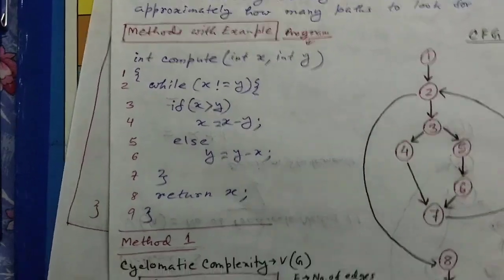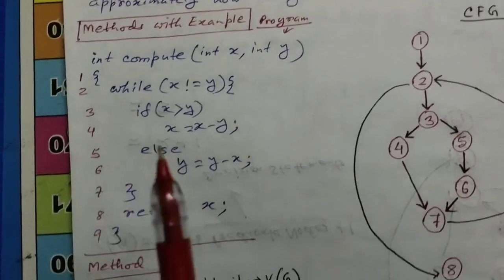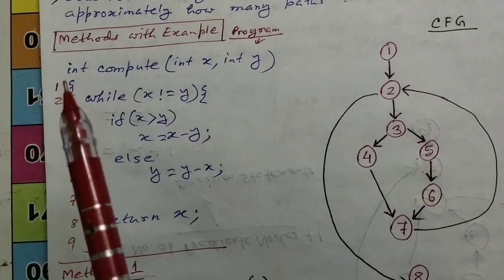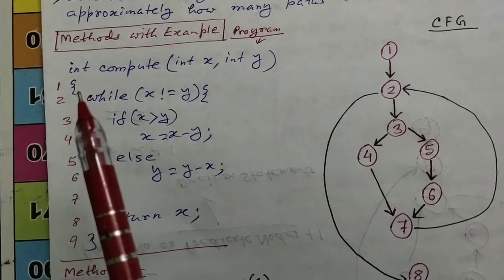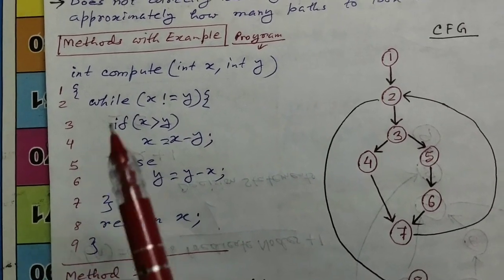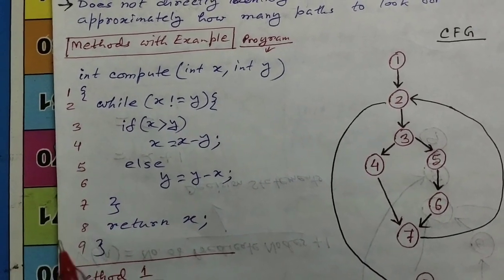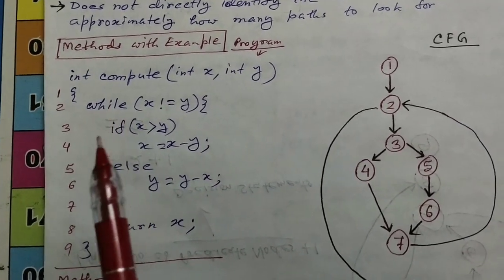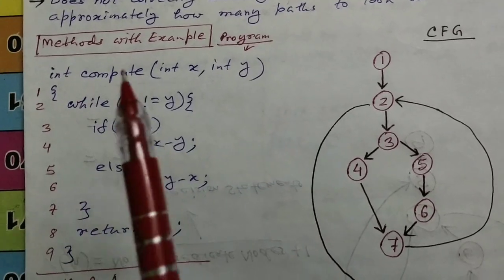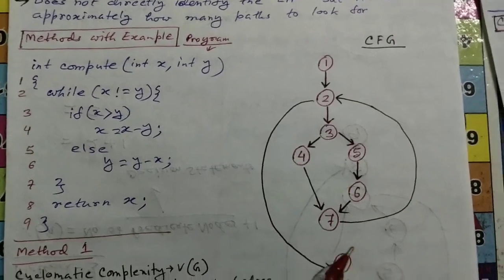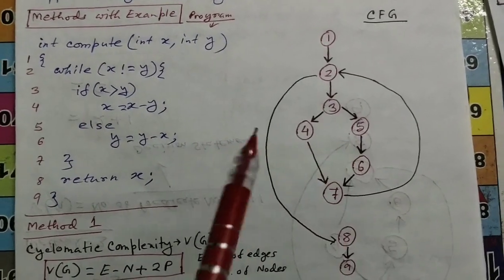Here in this program, the same program we are discussing, first we have to give the numbers. So we have to number all the statements one by one, in sequence. And how the control will go from one number to another, one statement to another statement, that will be shown by the control flow graph like this. How to draw it, I am coming to this later.